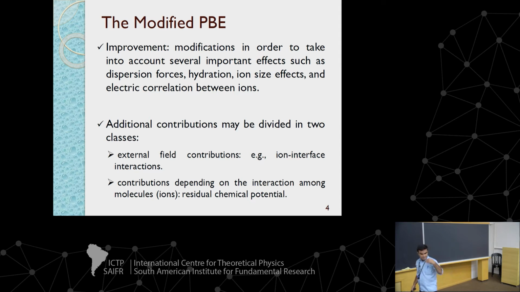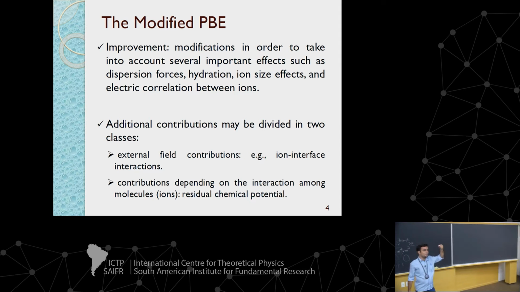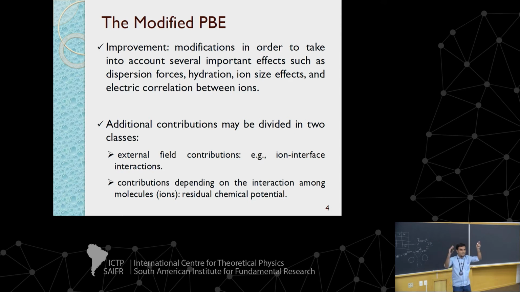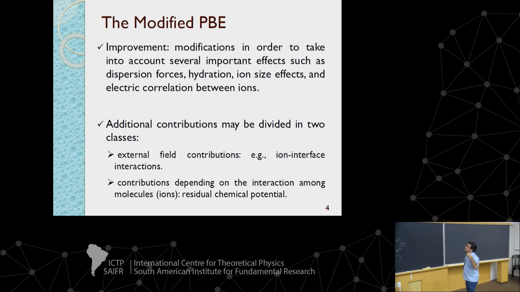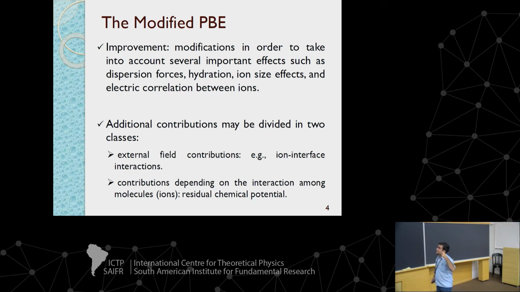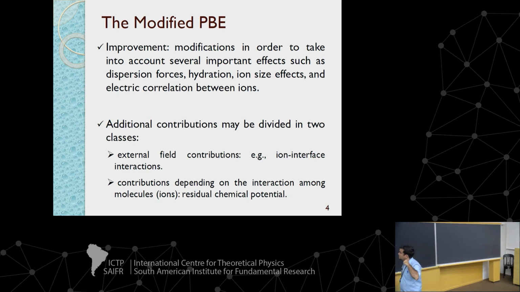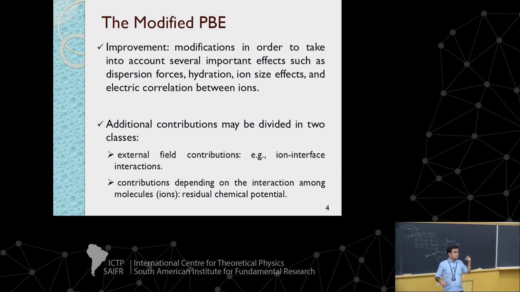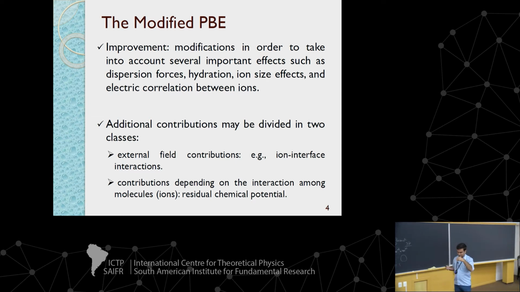We have the external field contributions, for example, the interaction between ion and surface, ion and interface. And we have what we call the residual chemical potential contribution that accounts for multi-body effects, the interaction among the molecules or the ions.